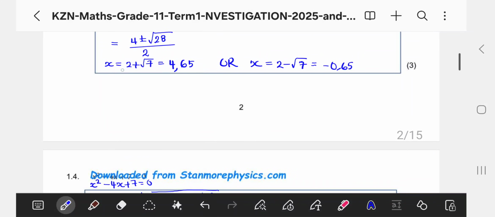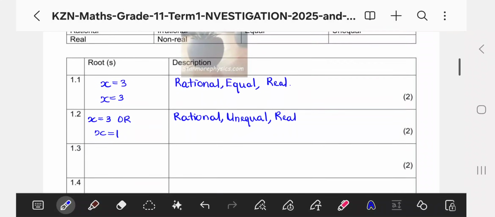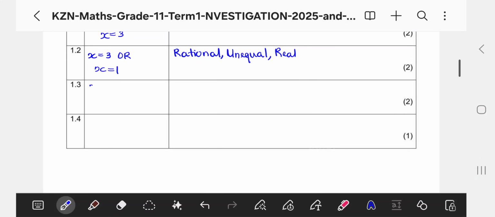Now for 1.3, you're welcome to write 2 plus square root 7, 2 minus square root 7, or you can write down the decimals if you want. I'm just going to stick to the 2 plus square root 7 and 2 minus square root 7. Now firstly, you guys, these values are irrational.